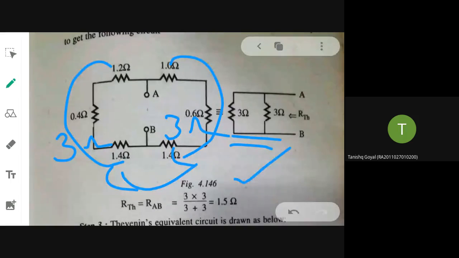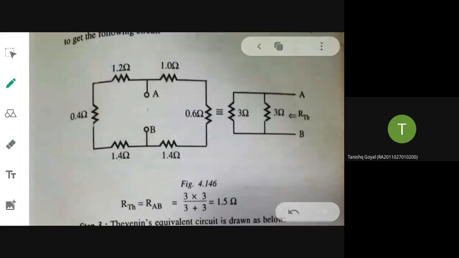1.5. Now tell me what will be your RL value and what is your Pmax? This resistance, they have asked you what is RL. It is equivalent to what value? RThevenin. So what is RThevenin? 1.5 ohm.